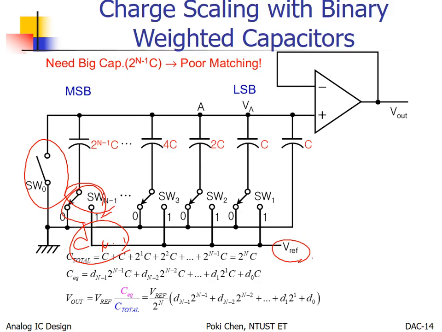And if the control bit is 0, it means nothing happened. The switch will be steered to the ground. That's it. So, what will be the result? For node A, how much VA will you get?